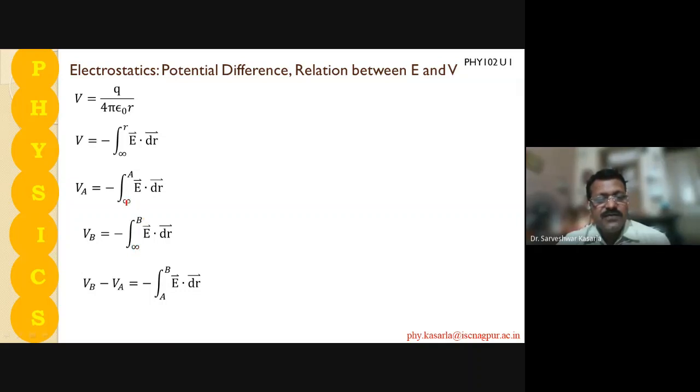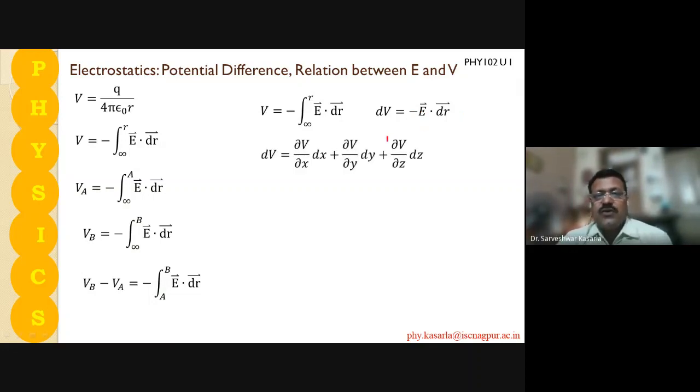Here it is infinity to A, infinity to B, but here it is, sorry, not infinity, it is A to B. That means the charge is moving from A to B. V is the general expression according to the definition. If you take the differential, the integration will cancel, and therefore dV will be equal to minus E dot dr.